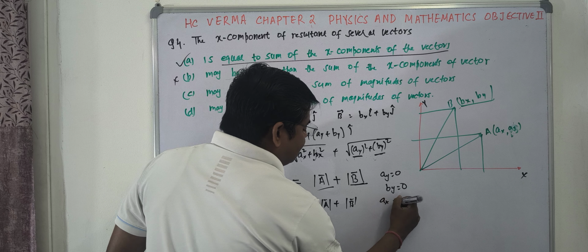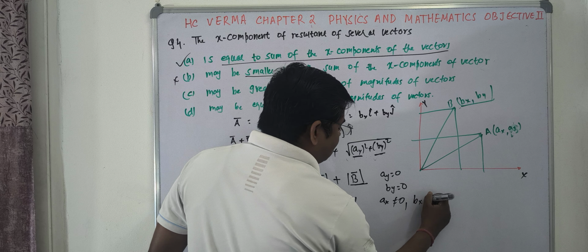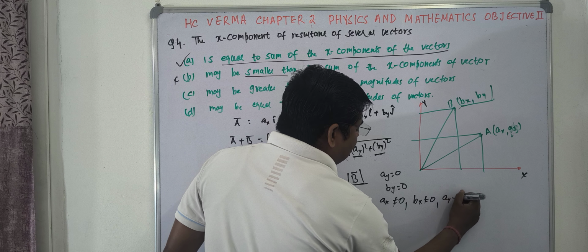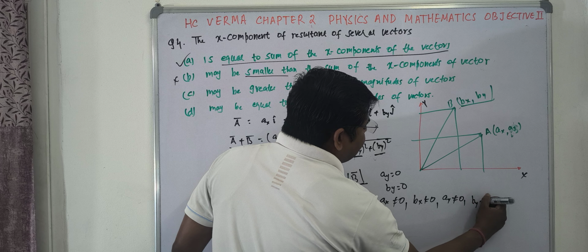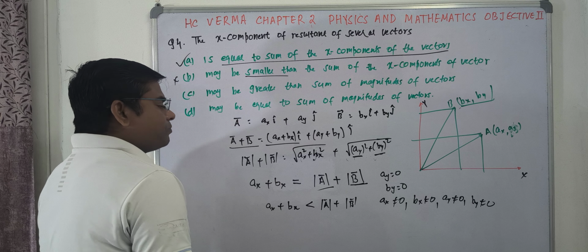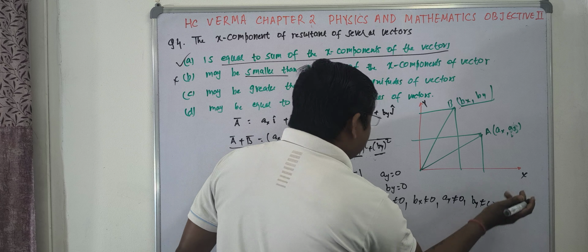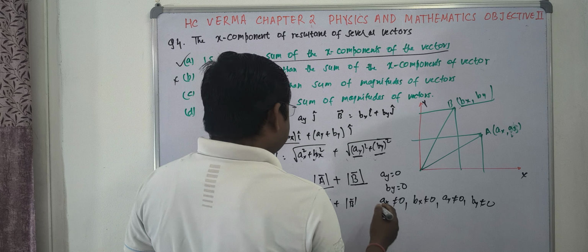This is when ax is not equal to 0, bx is not equal to 0, ay is not equal to 0, and by is not equal to 0, or either one may be 0 but not simultaneously.